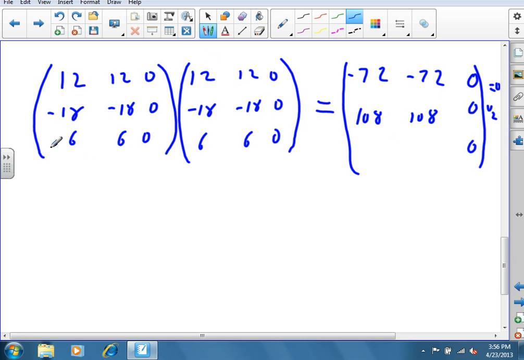That times this, that times this, 12 times 6 minus 6 times 18, minus 36, minus 36. Okay, well, that being the case, V2 can be 1, minus 1, 1.